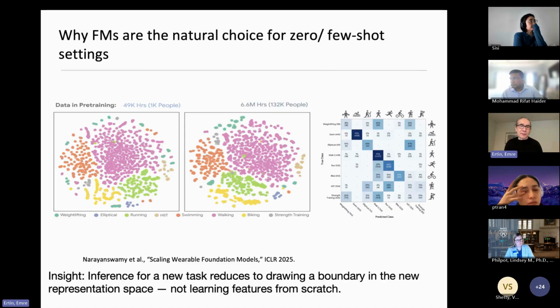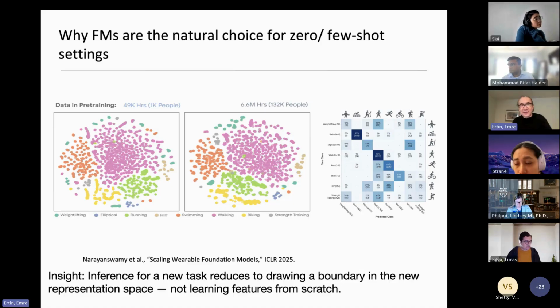Similarly, this is a scalable wearable foundation model, which is trained using random masking strategies, and we can see how different activities cluster themselves naturally. Nobody said these activities are even present in the data, but after the fact, by probing, you could see where activities fall in the representation space.